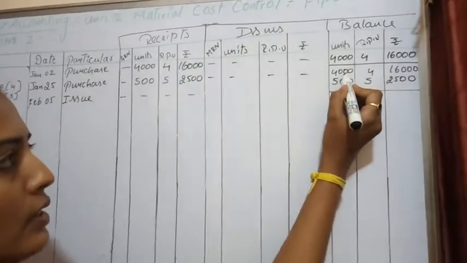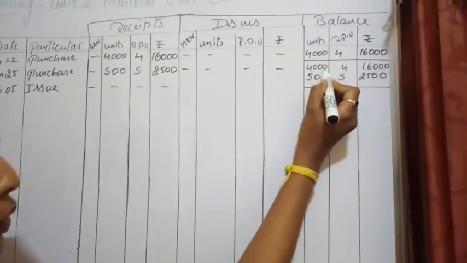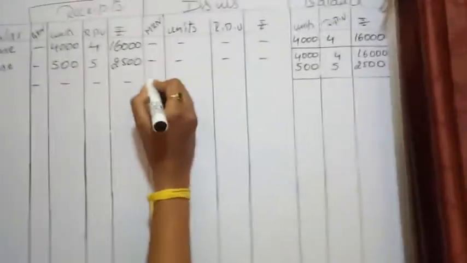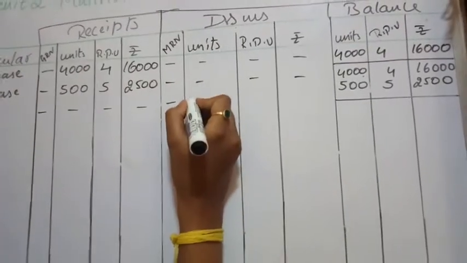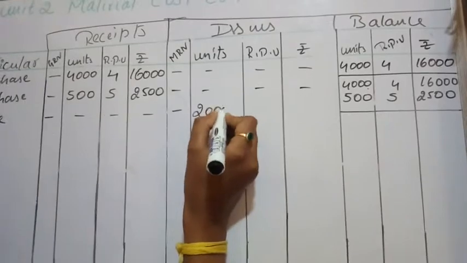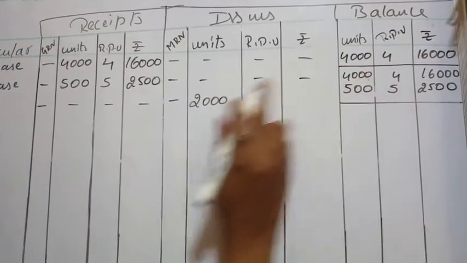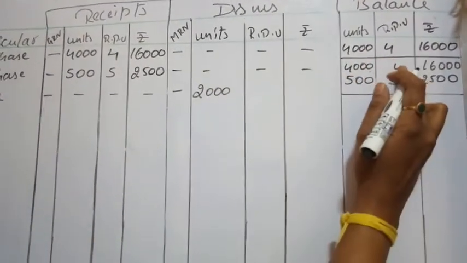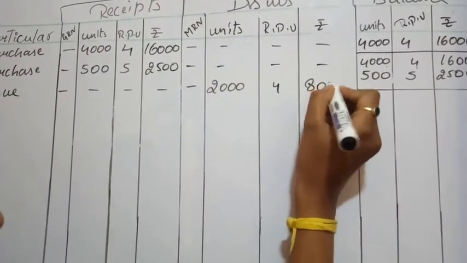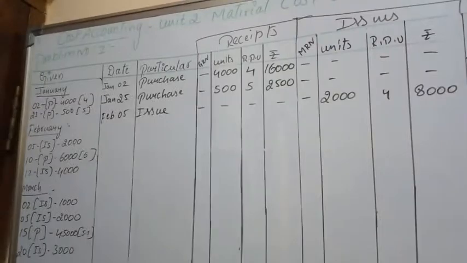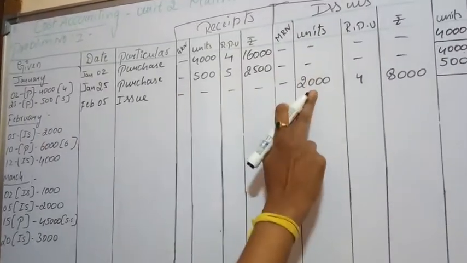In the first balance, I have 4,000. What am I supposed to do? I want only 2,000, not 4,000. So I will take only 2,000 out of this 4,000, and the price remains the same: 4 twos are 8, so 8,000.